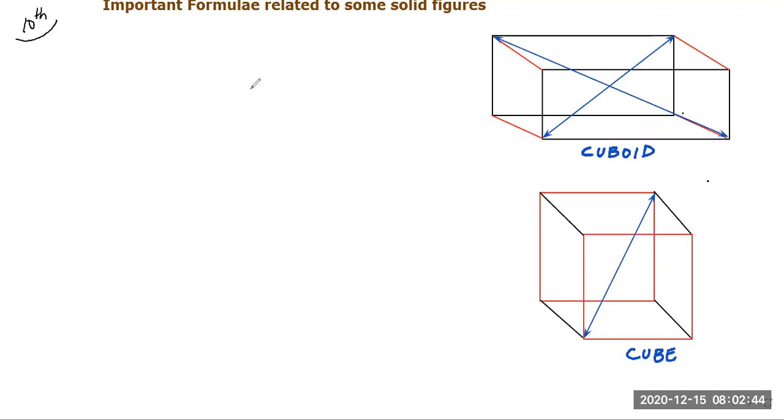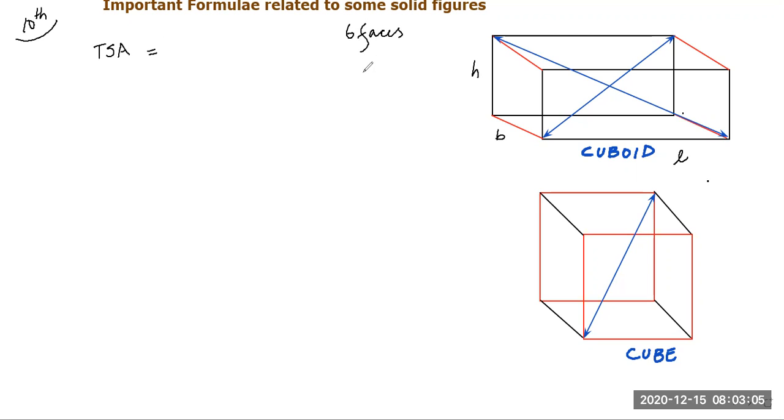So first we have the cuboid. You can see the length of the cuboid, this is the breadth and this is the height of the cuboid. Now, when we talk about the total surface area of the cuboid, it has six faces.